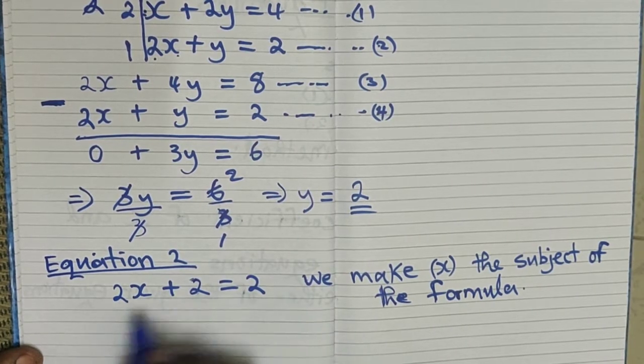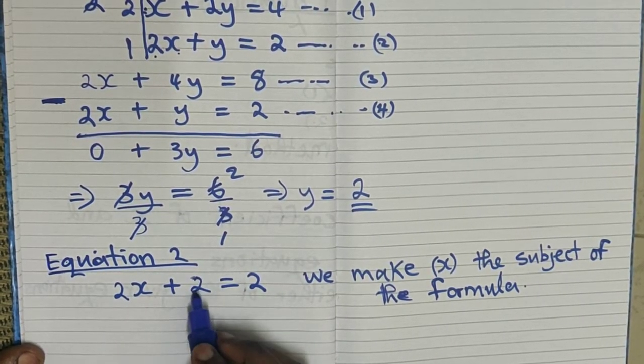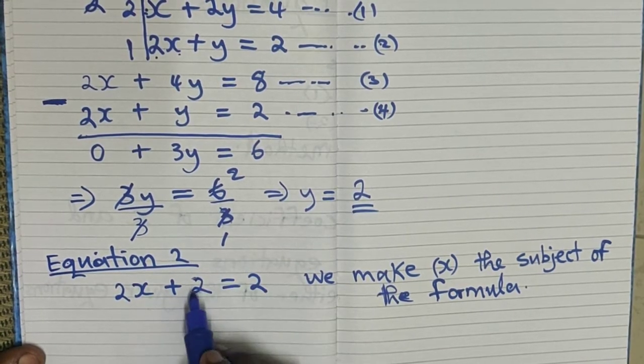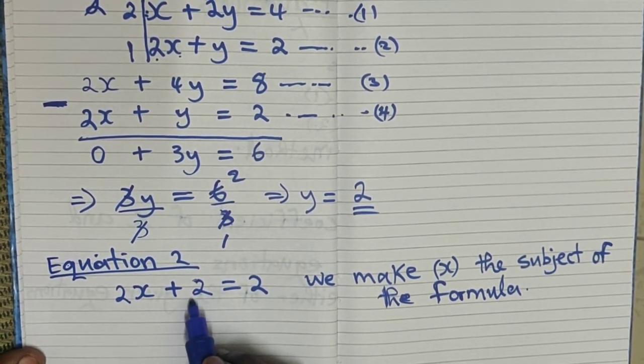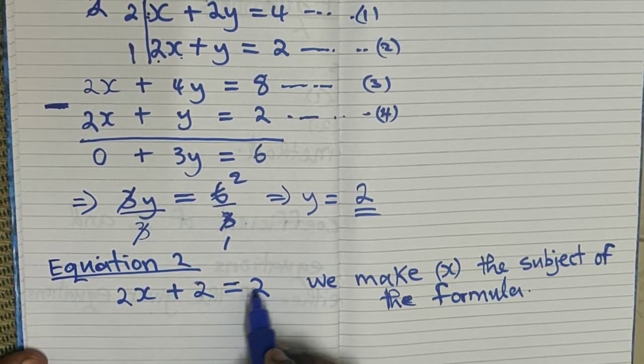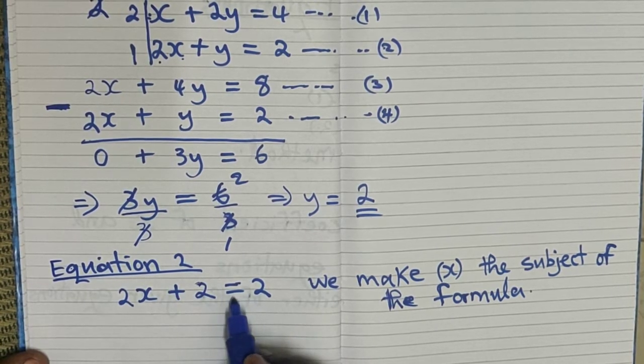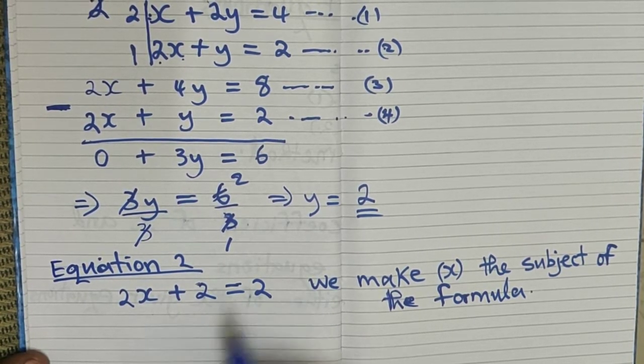So making x the subject of the formula, we have to send away this constant to this side, and when this constant number is crossing an equal sign, the sign changes. Now it is positive 2. So when it crosses this equal sign, it changes to negative 2.